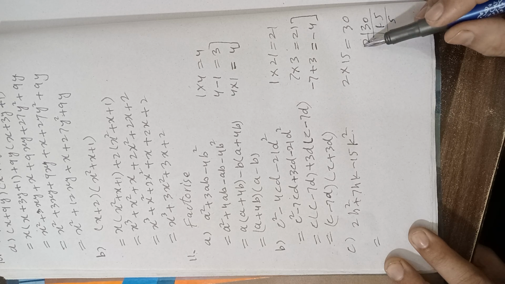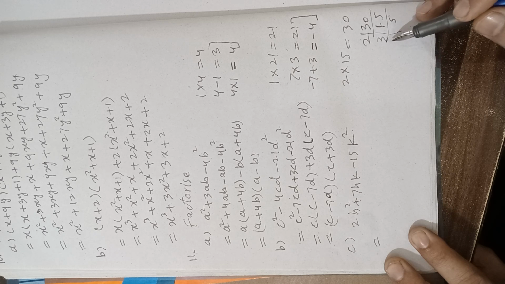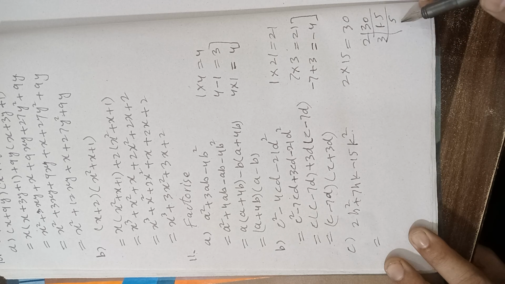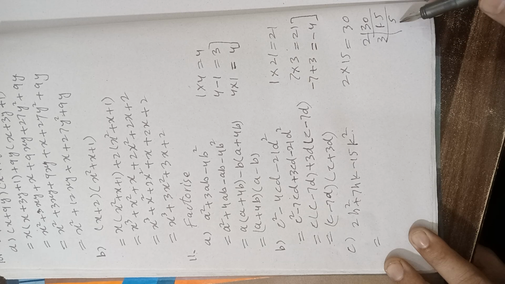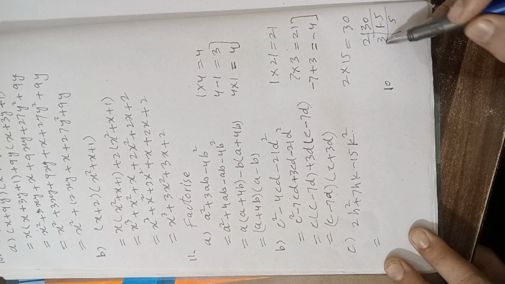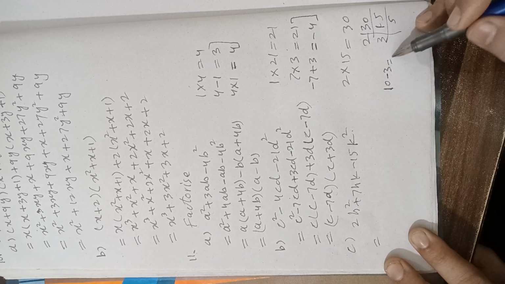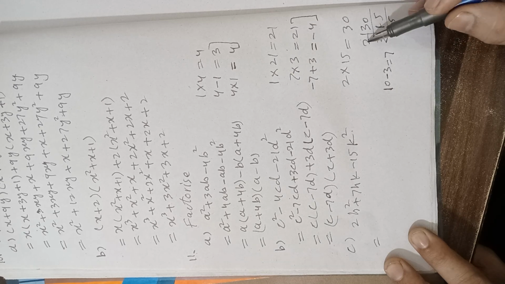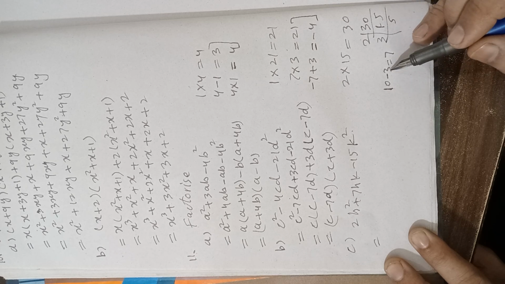See here, if we make 2 multiplied by 3, 6 and 5, you can't find the pair. But if you multiply 2 by 5, 10 and then 3, see here 2 multiplied by 5 is 10 and minus this 3, the answer is this 7. Make the pair with the help of 2 and 5, that is 10 and 3 is here.